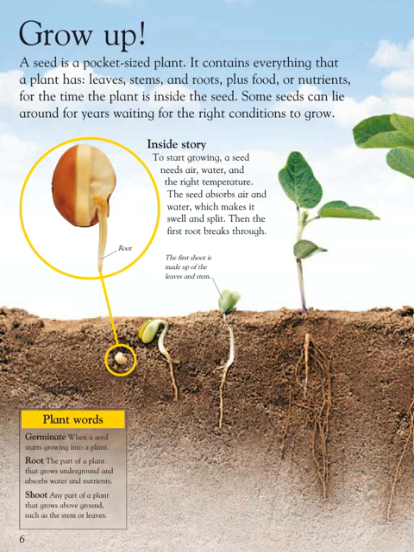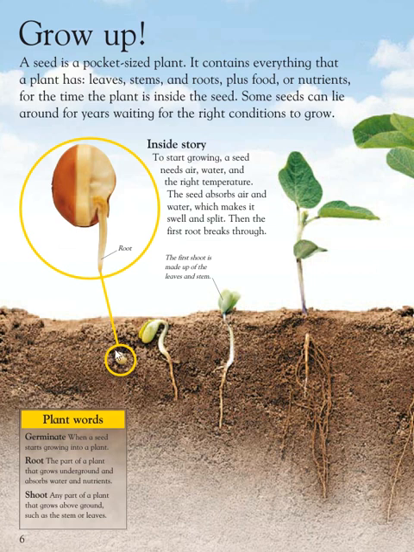Some seeds can lie around for years waiting for the right conditions to grow. To start growing, a seed needs air, water, and the right temperature. The seed absorbs air and water, which makes it swell and split. Then the first roots break through.